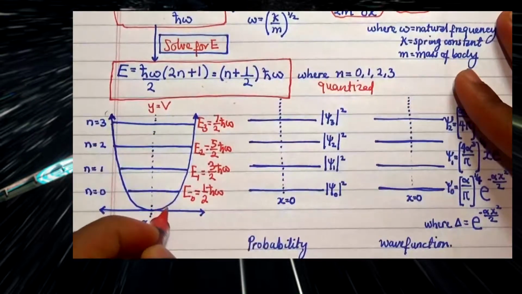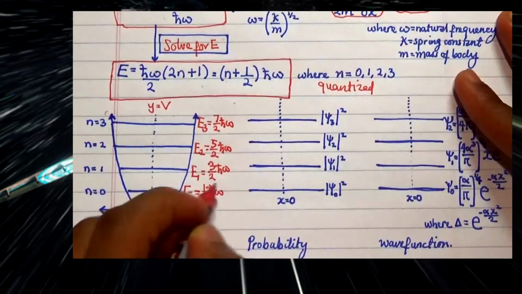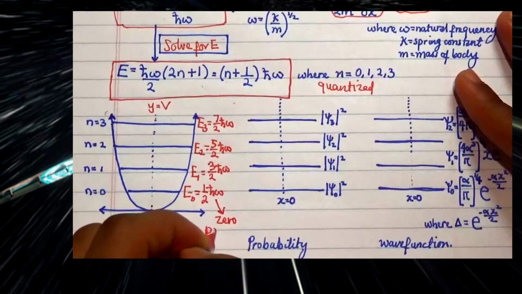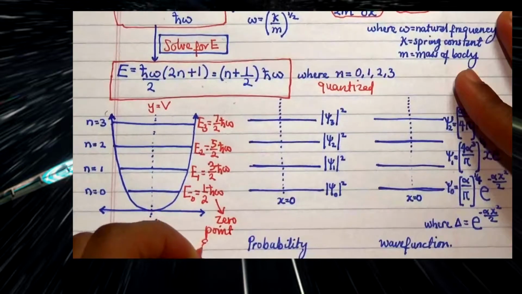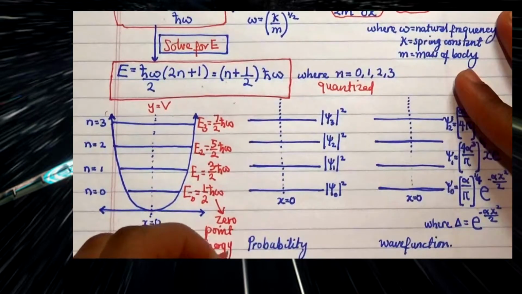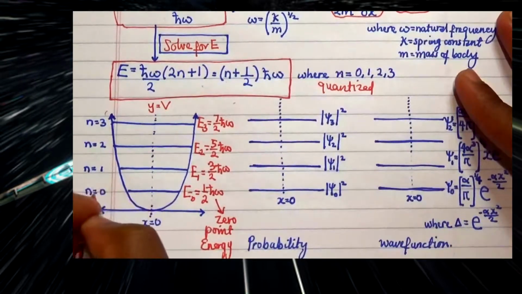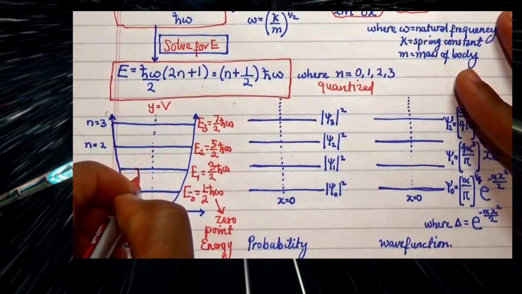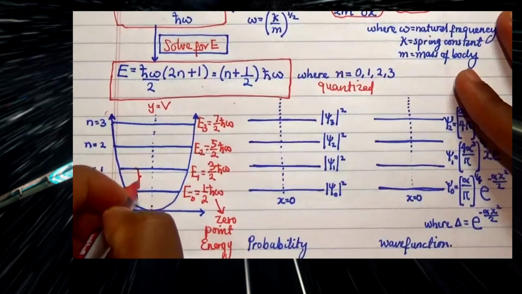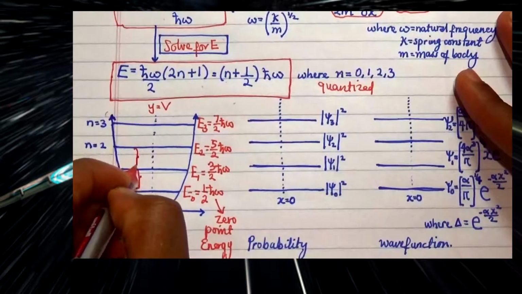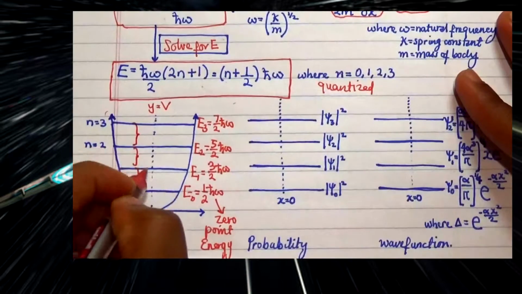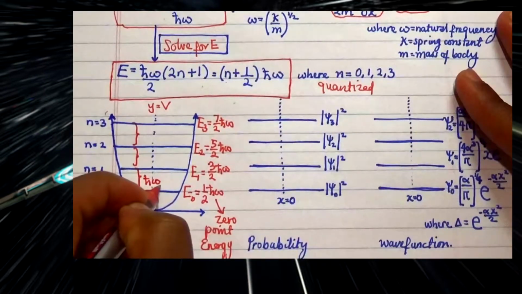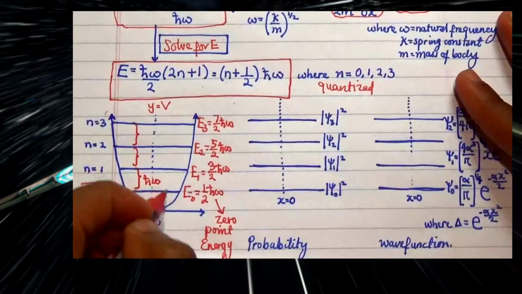Now take note in here that this particular level is our zero point energy, which is n equals 0, and the space in between each energy level is equal, and this is equal to h bar times our natural frequency over here.